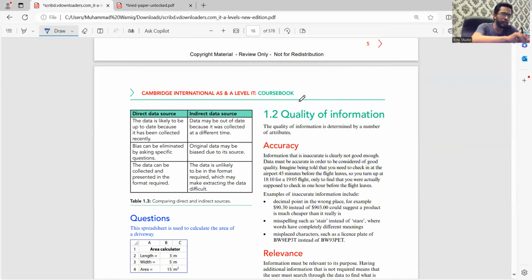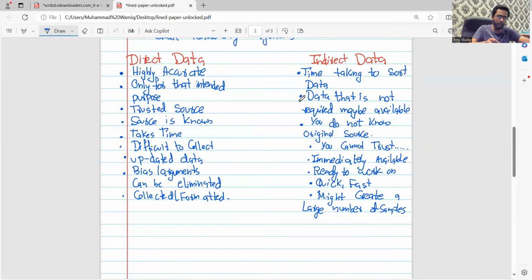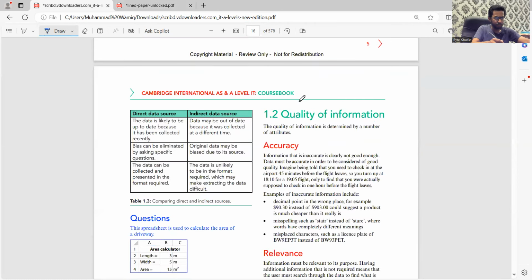Data may be out of date because it was collected at a different time. Yes, your data can be outdated. Data may be old, or you can say maybe collected at other times. Original data may be biased due to some sources.